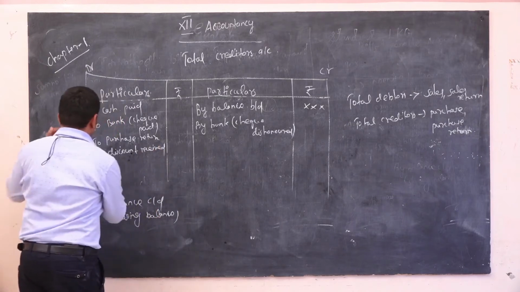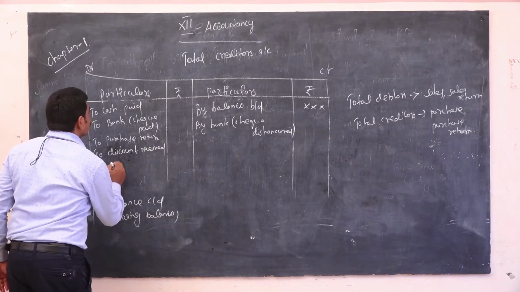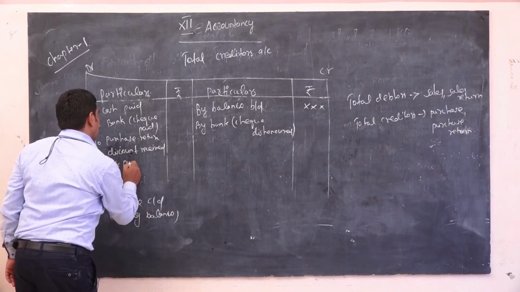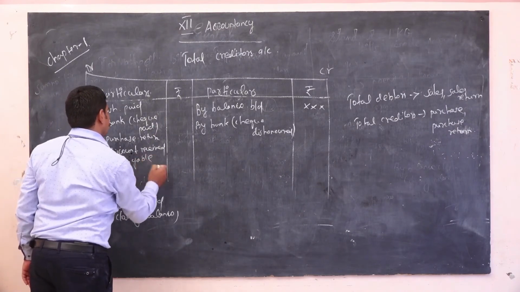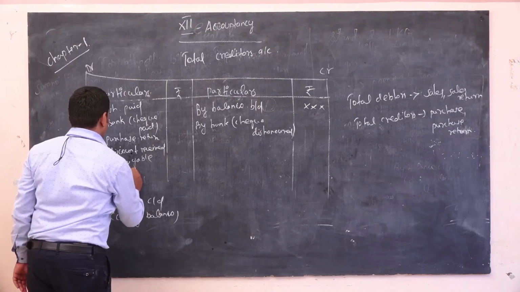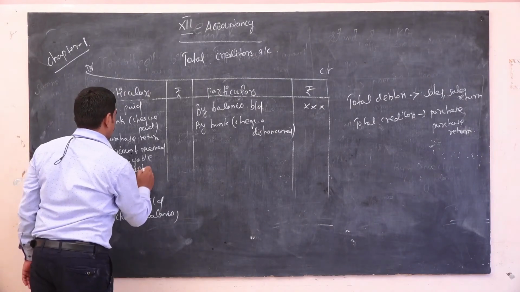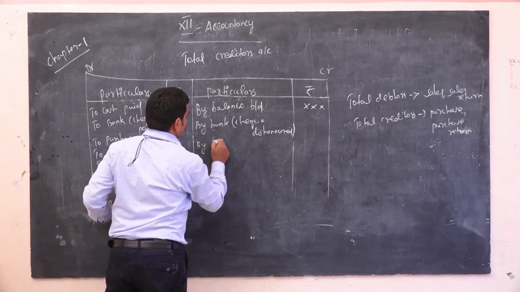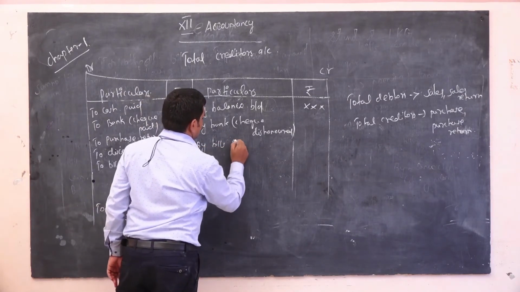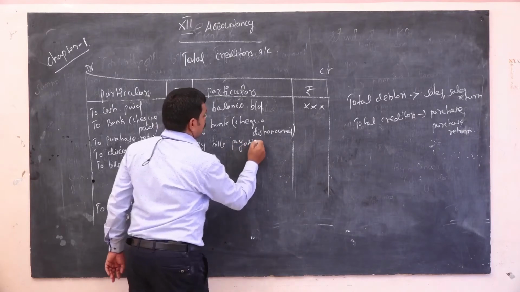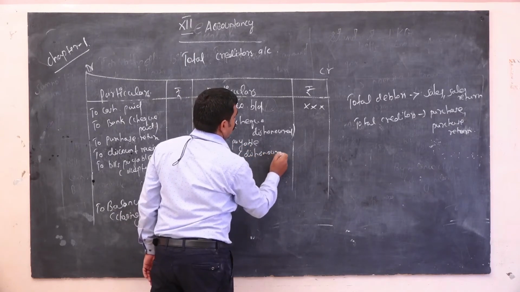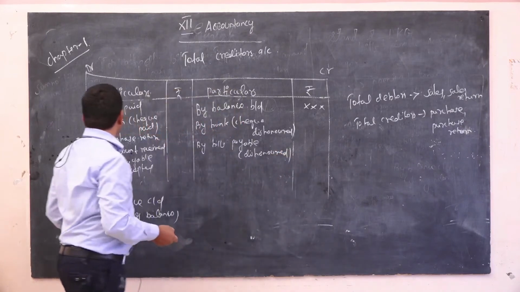Next one, to bills payable, that is accepted. Here bills payable dishonor, bills payable that is not accepted. Dishonor means not accepted. Somewhat change.